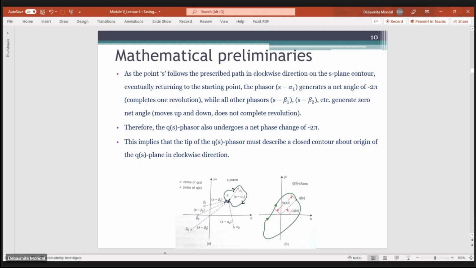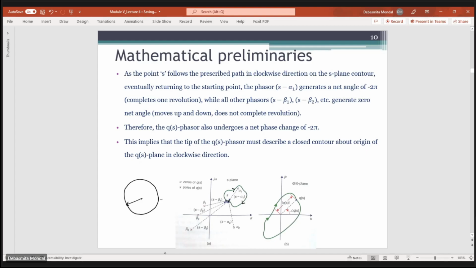Since it starts from this position and moves, the phase contribution gets added up. All the phases due to different positions of S get added up, and once it ends over here, the tip has covered one complete revolution.